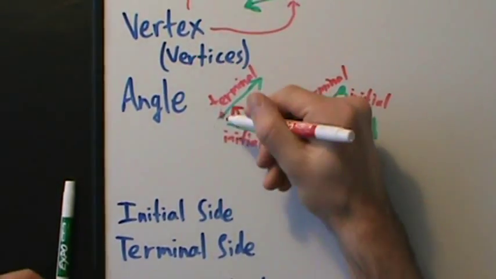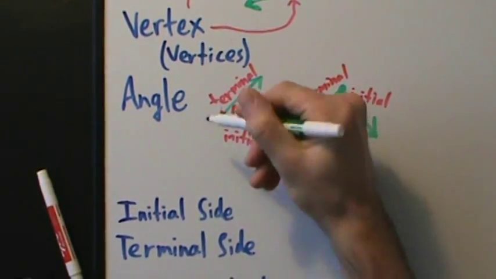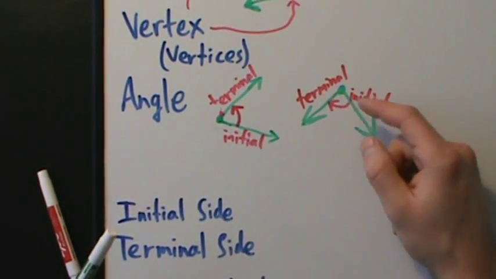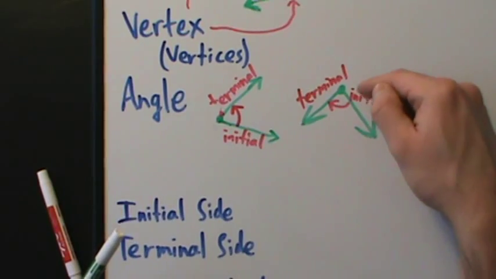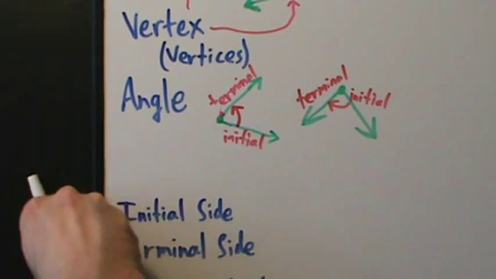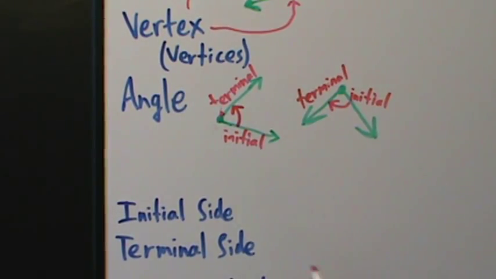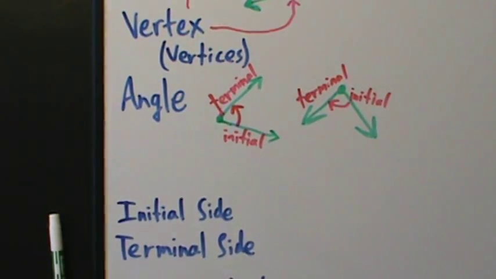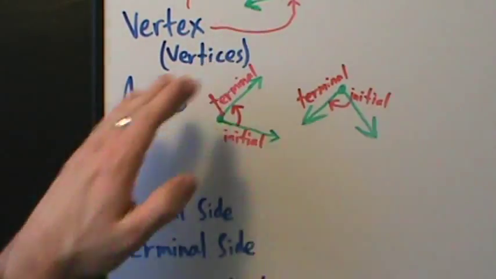Likewise, this rotation here, we could have thought about it as going from this initial side around like this. The angle would be different, but the initial and terminal sides would be the same. But again, we'll talk a lot more about that as it comes up. So that's initial and terminal side: initial side is where you start the rotation, terminal side is where it ends.